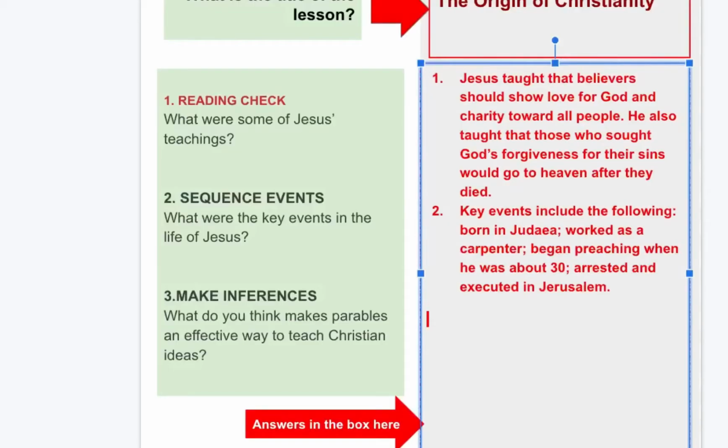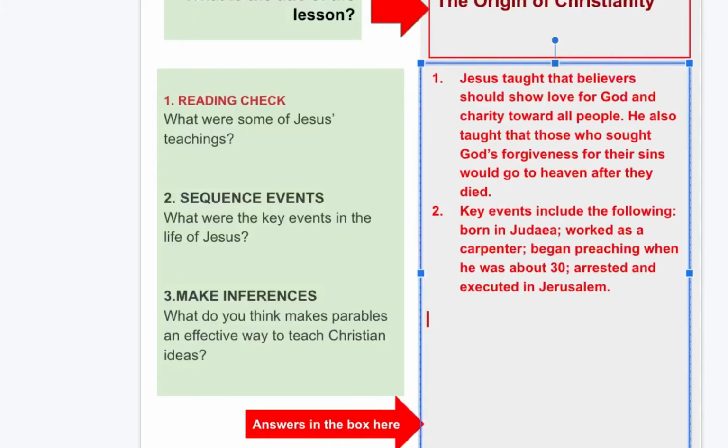Now, finally, number 3, make inferences. To make an inference is to come up with a conclusion reached on the basis of evidence and reasoning. This, of course, is an opinion-based question, but it should be based on the lesson that you just learned in section 2.1.